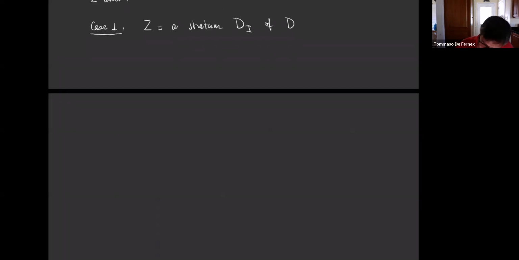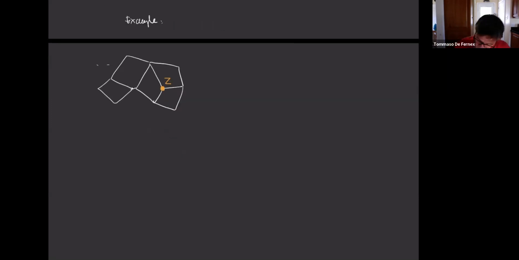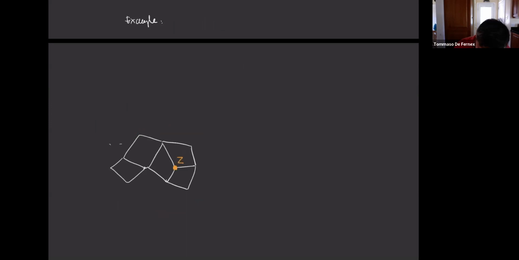Let me find an example. Maybe I have three divisors. There might be more divisors outside, and so on. In principle there may be more things, but I focus on these three divisors, and maybe the center is a point here. Suppose that Z is this point here. So what happened when we blow this up? Let me remove these additional divisors.